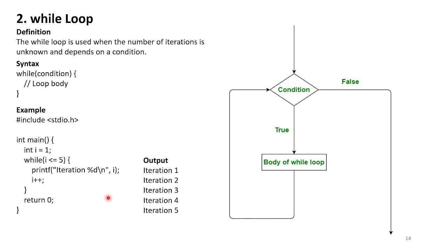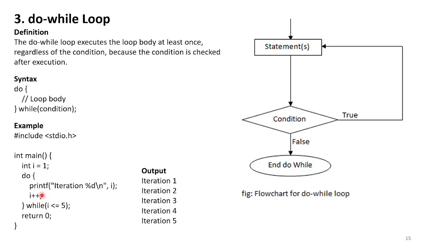The loop will simply break the first time and nothing will be printed. That's the difference. But in the do while case, if the initial value is 6 in place of 1, then 6 will be printed first. At least one execution will be done. I hope you have understood the thing. So let's discuss the flowchart.